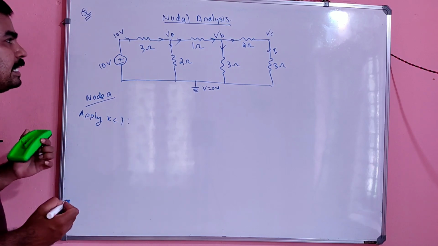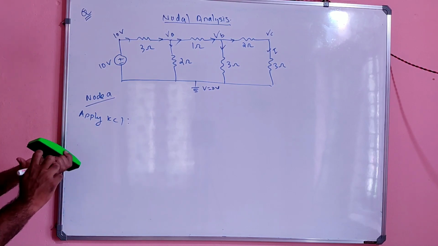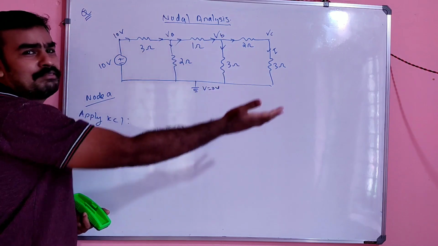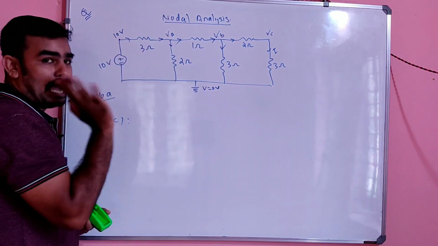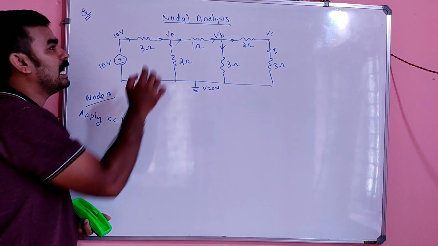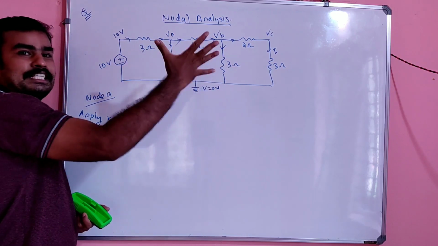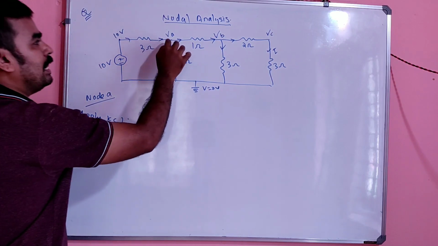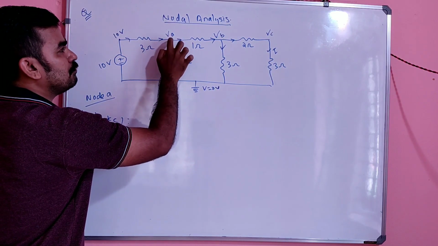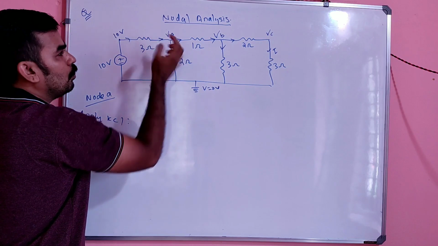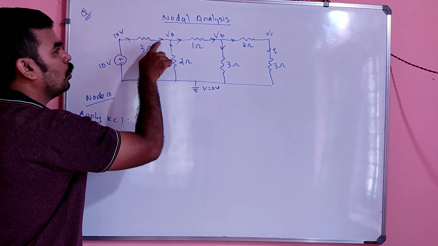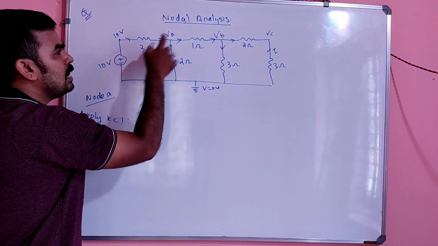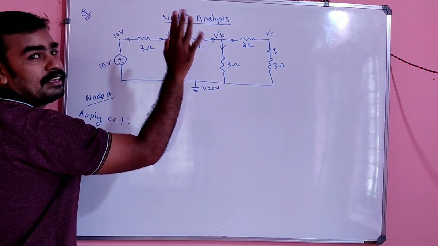What do I get? I don't want to mark the currents as I1, I2, I3, I4 and I5 etc., but I have to do one thing. I have to simply give the direct current value. While focusing on node A, what I feel is one current is incoming and 2 currents are outgoing.